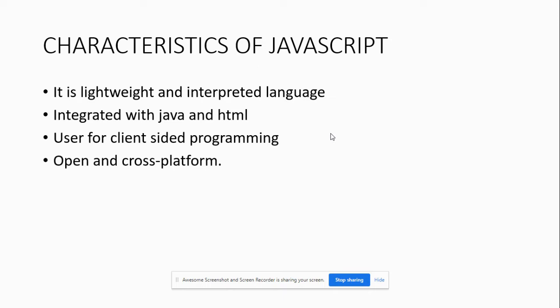So a web page need not be a static HTML. It includes JavaScript which controls the web browser and dynamically creates HTML content. So JavaScript is a lightweight and interpreted programming language. It is integrated with Java, HTML, and .NET also.